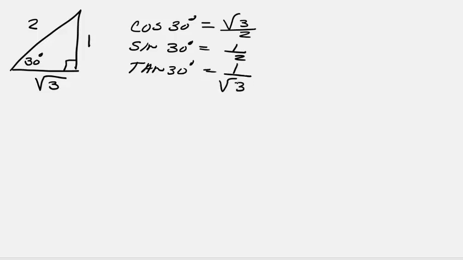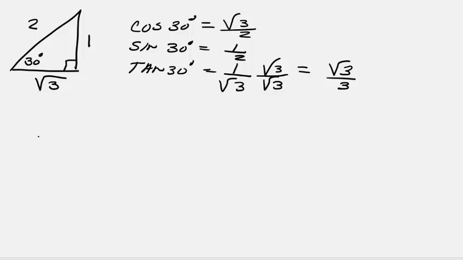We write it this way, but again, we don't like the radical in the denominator, so multiply both by the square root of 3, and you get the square root of 3 over 3. So those are the ones you should know for 30 degrees. These are common ratios here.